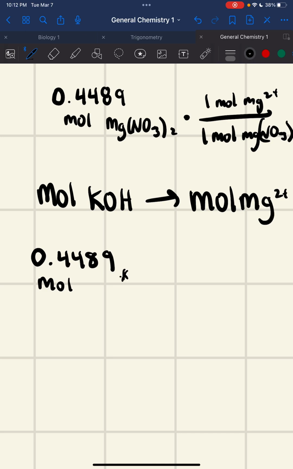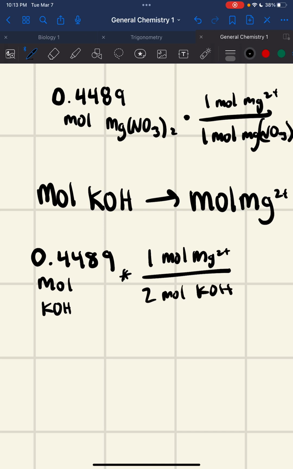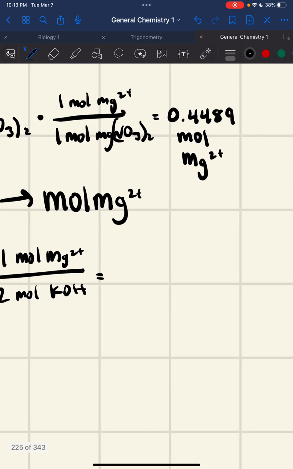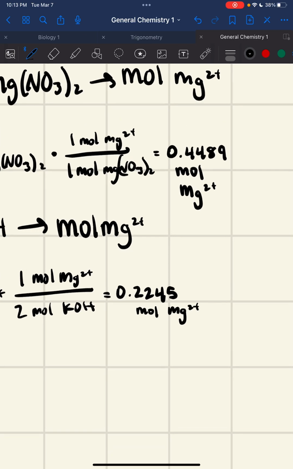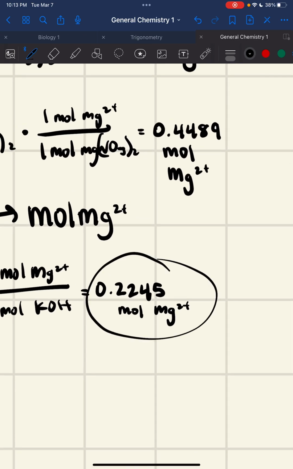Yes, I'm doing this correctly. Mole of KOH. And then you're going to do molar ratio again. But this time, 1 mole of Mg2+ is equal to 2 moles of KOH, which then equals 0.2245 moles of Mg2+. And this is the reacted.